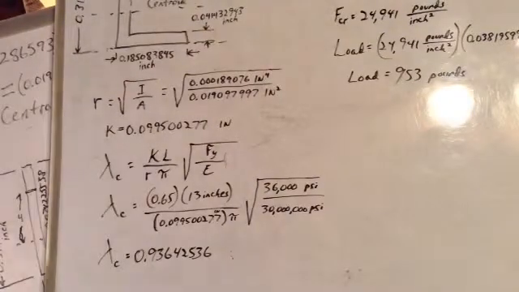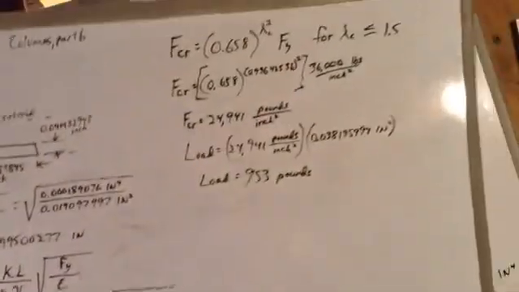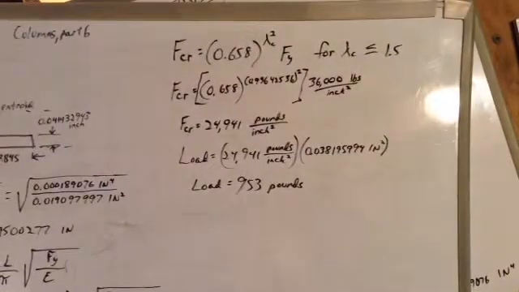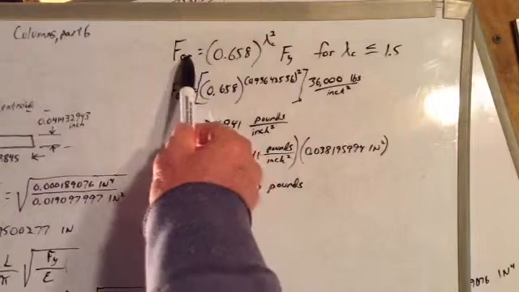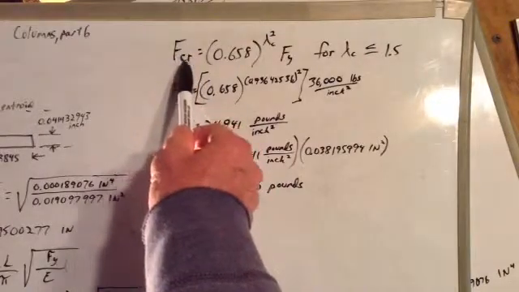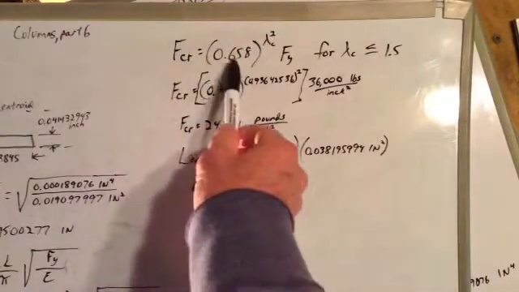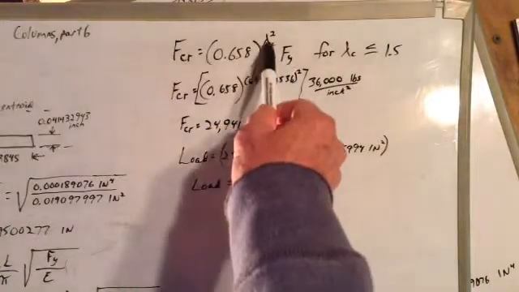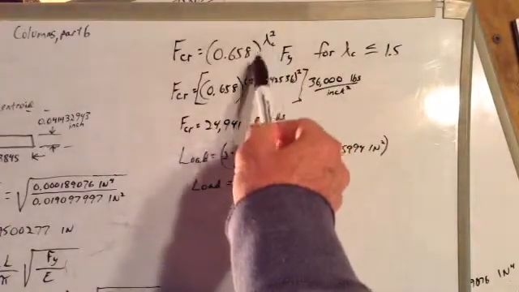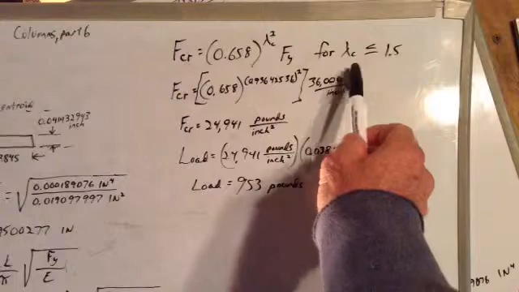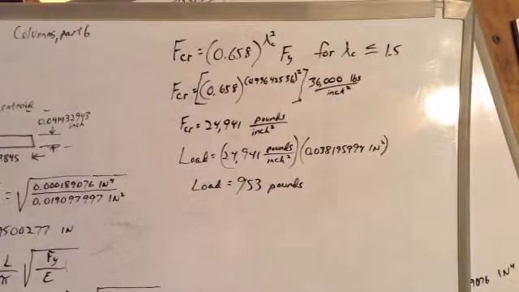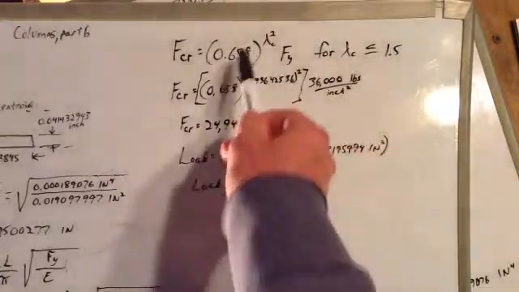And now we come up to this part of the equation, or this different equation anyway. This one here, the critical stress, that F is not force, it's stress. The critical stress is 0.658 to the lambda c squared power. That is, if lambda c is less than 1.5, and it is, it's 0.936. So we'll use this equation.